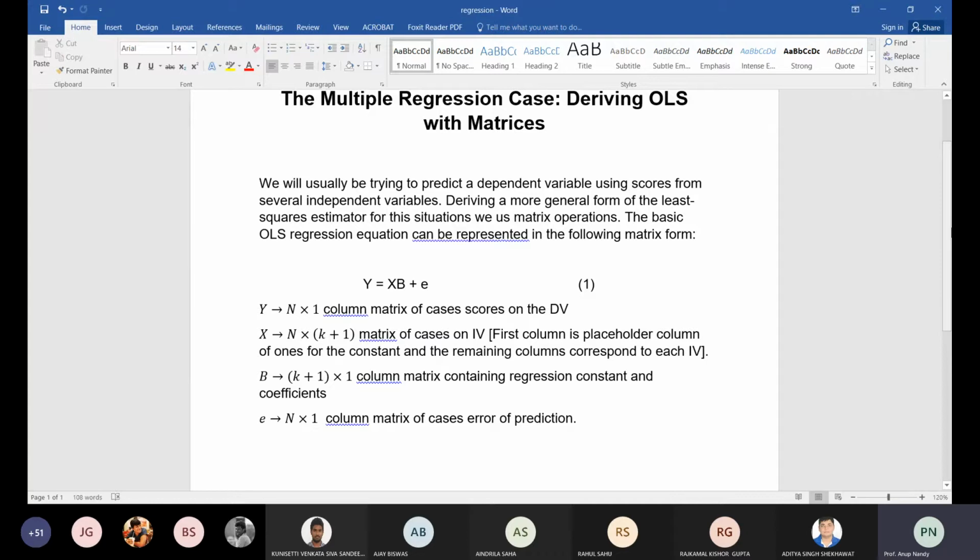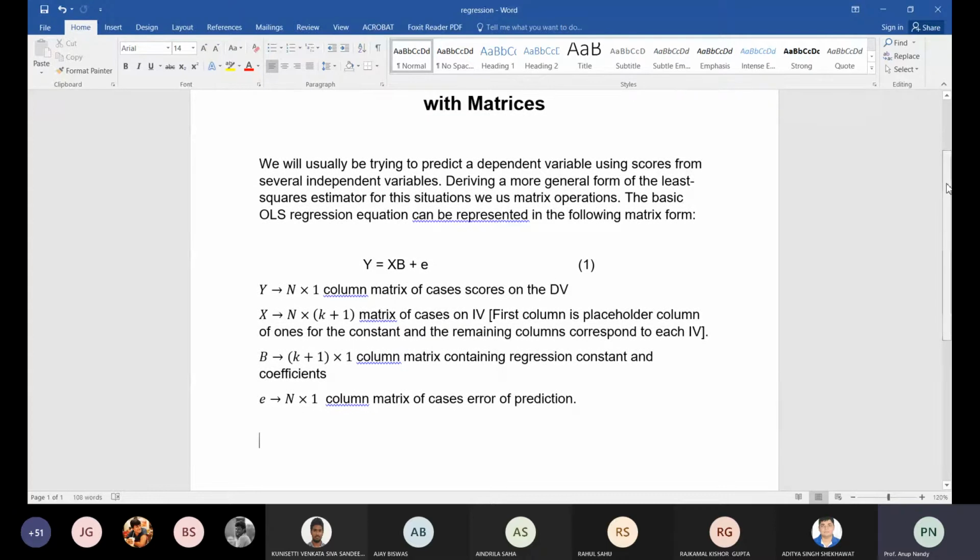We have also seen previously that yi is equal to b0 plus b1x plus ei. That was the mathematical expression for single variable regression, or simple regression analysis, or the bivariate case. Now if you have the multivariate case, then you have it in matrix form.